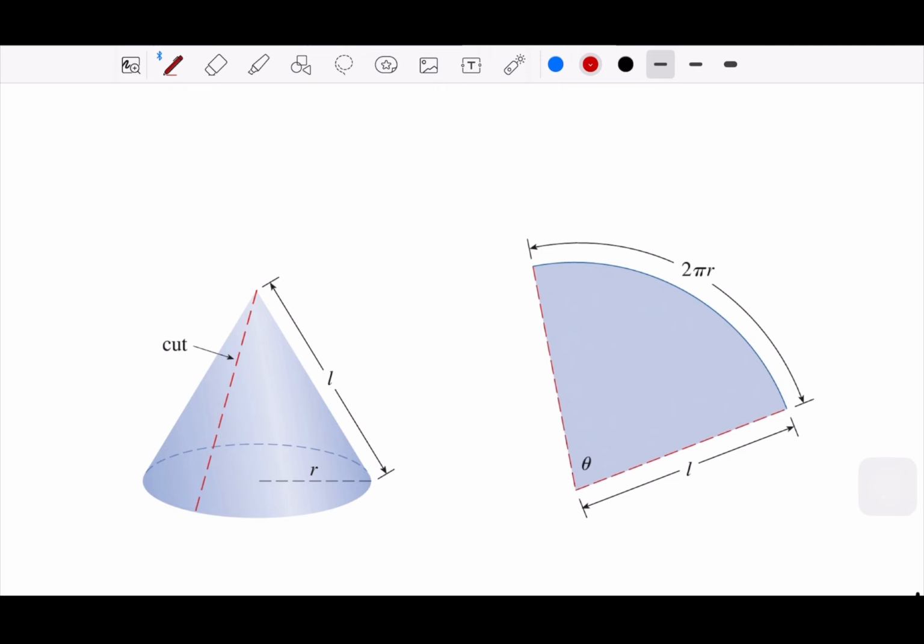You cut it and then cut it open. We would like to see this geometric shape. If we make this side here L, and this part here, if you imagine that we put this together and make it into a cone, the circumference is this part here. We call this the arc of a circle, right?